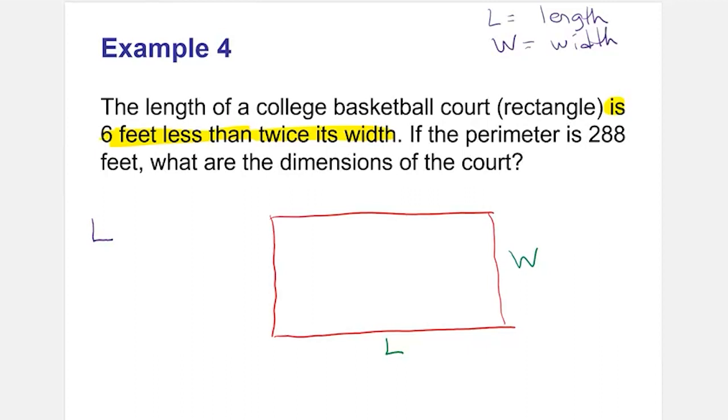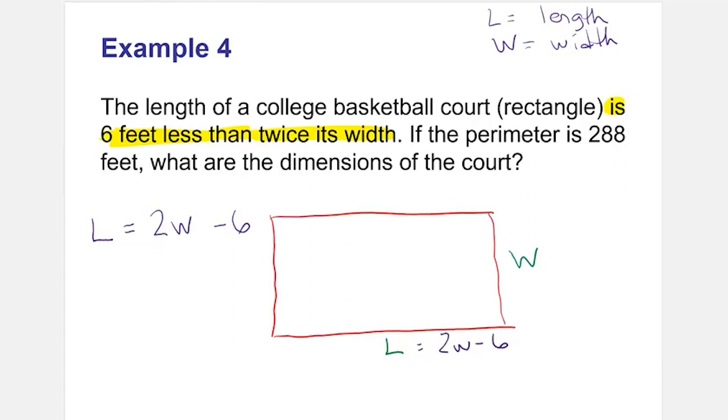So the length is equal to 6 feet less than... I'm going to subtract 6 from whatever the next thing is, because whatever I get, it's 6 feet less than that. And it says twice the width, which is 2W. So now I have an equation: L is equal to 2W minus 6.